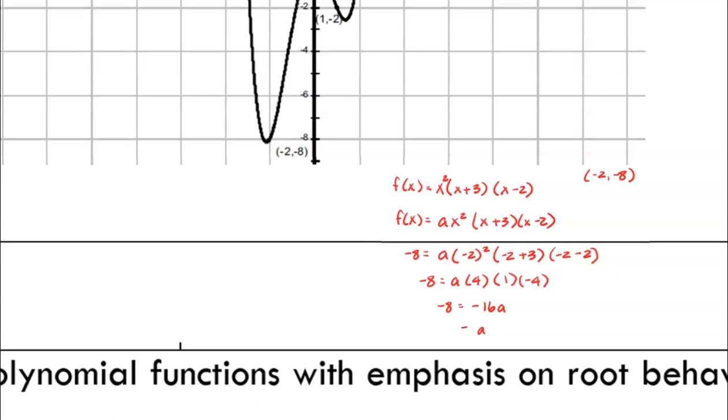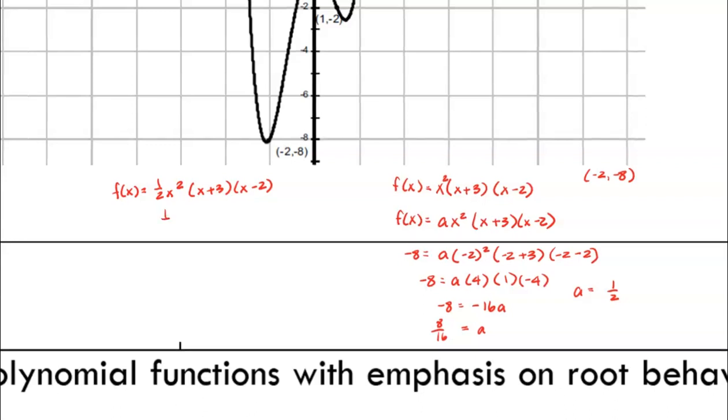So a is 8 over 16. A is 1/2. That's going to be a positive. So it could be f of x equals 1/2 x squared, x plus 3, x minus 2.